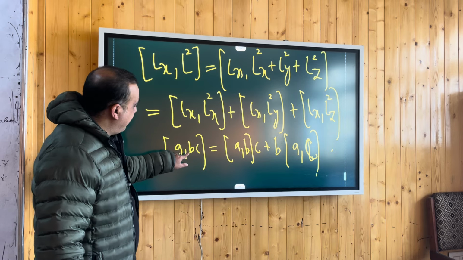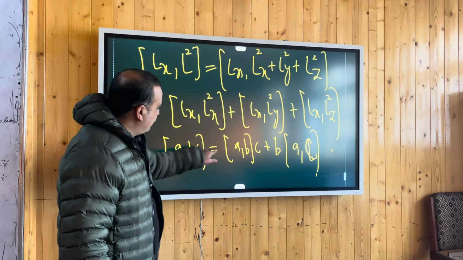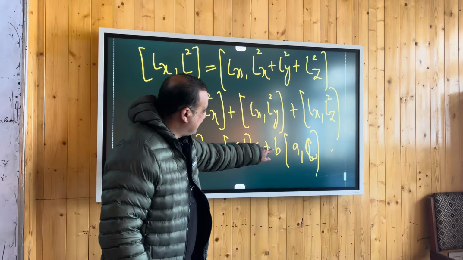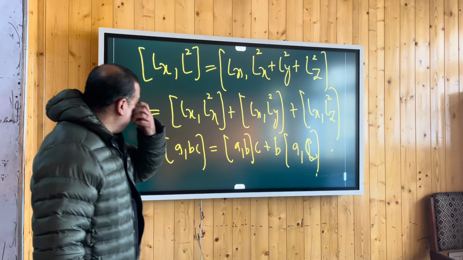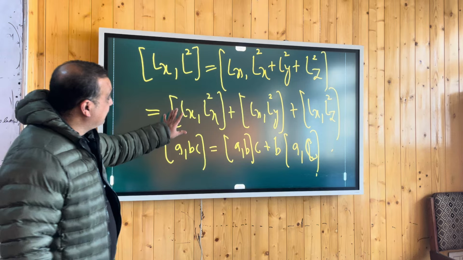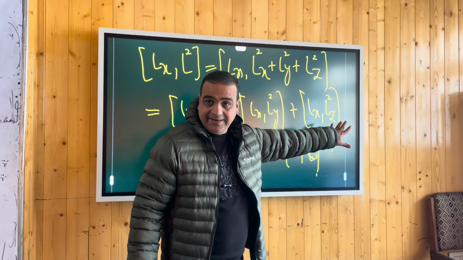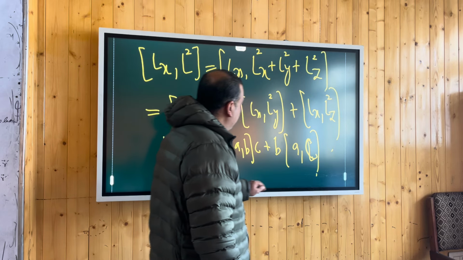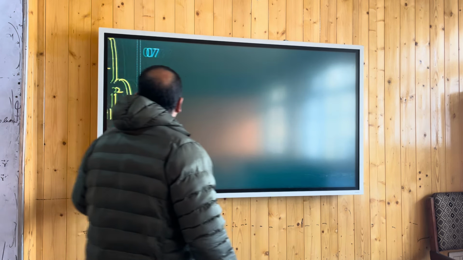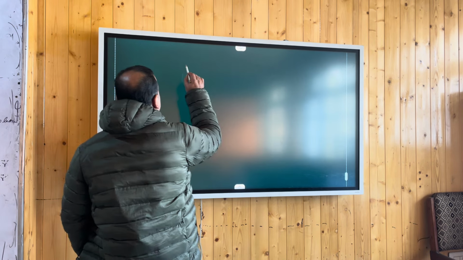So [A, B] multiplied by C, plus B times the commutation of A and C. We would like to use this result in resolving those brackets. So what will we write down? You tell me, I may do it wrong.